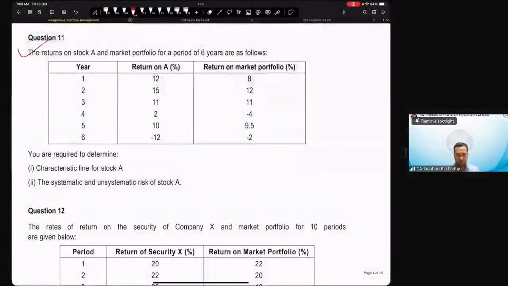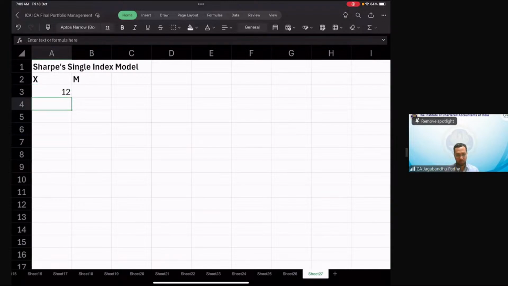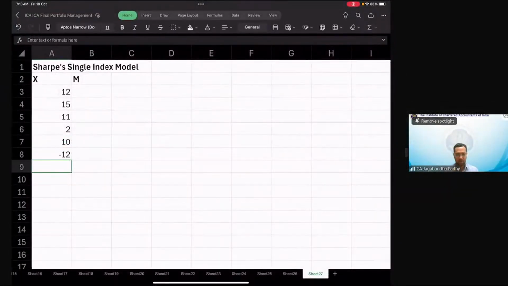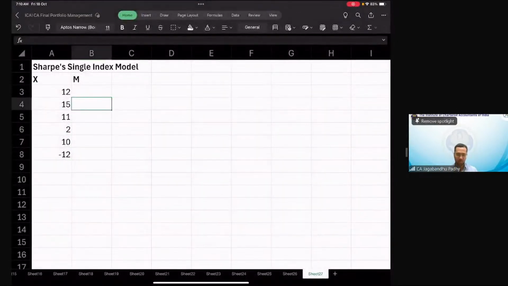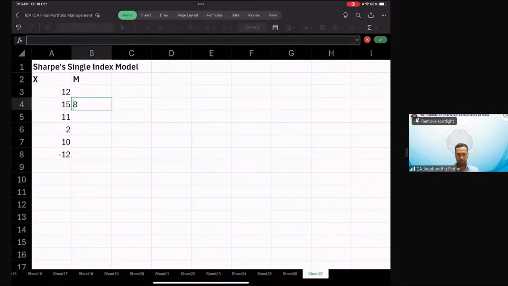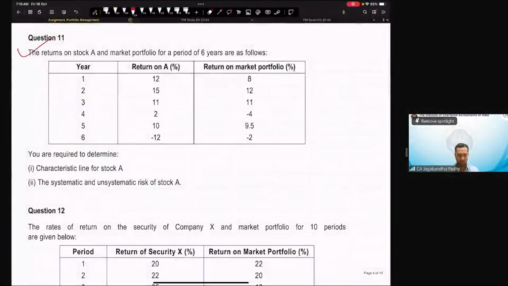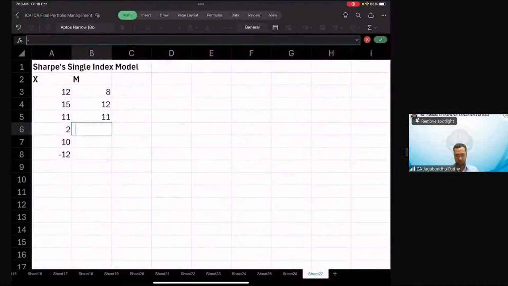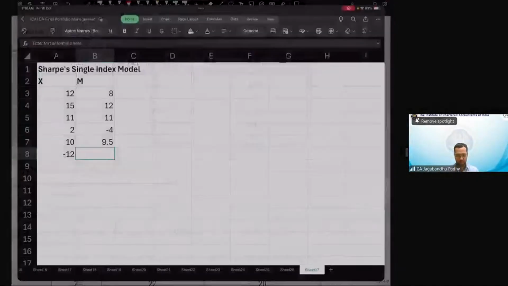Yeah. 12, 15, 11, 2, 10, and minus 12. Okay, and then we have the return on market portfolio for the same corresponding period as 8, 12, then we have 11, minus 4, 9.5, and minus 2.